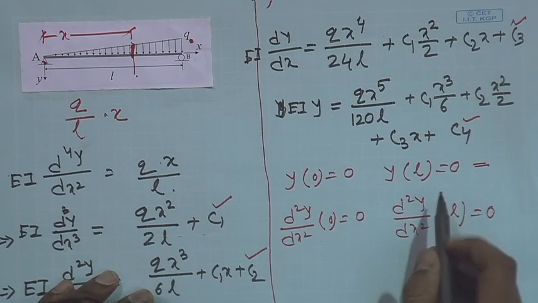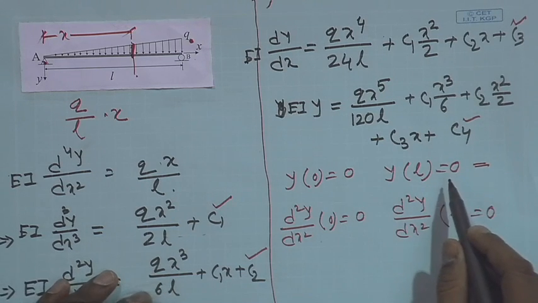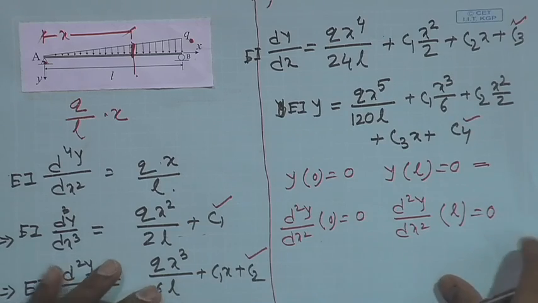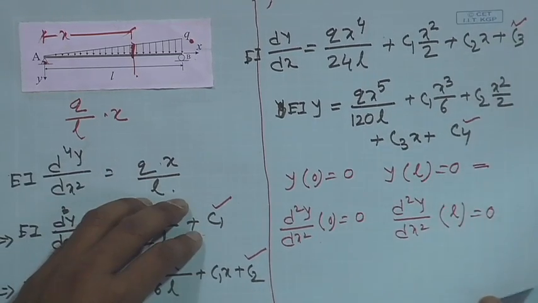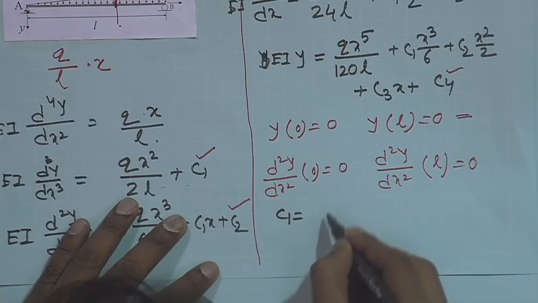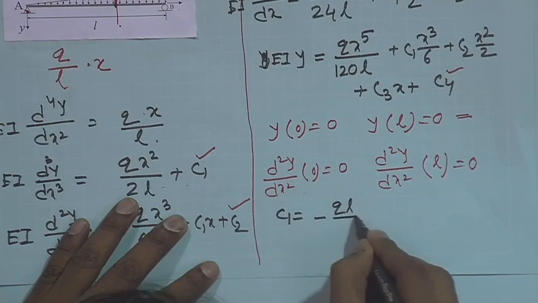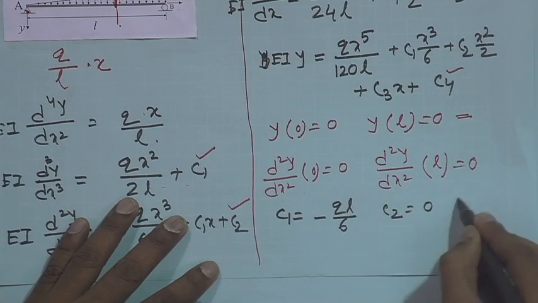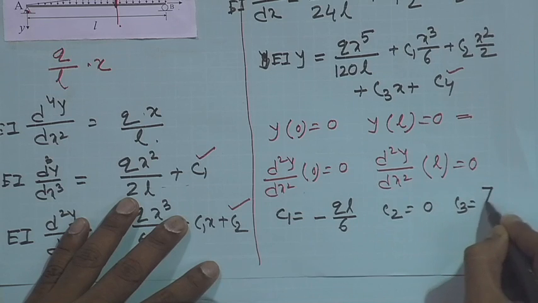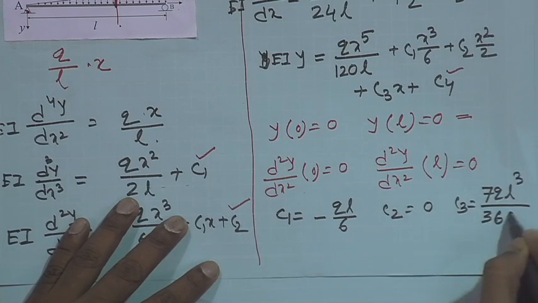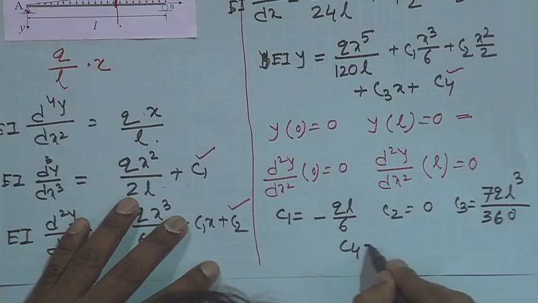Now, if you use these 4 boundary conditions and compute the 4 constants C1, C2, C3, C4, the final values will be C1 = -QL by 6, C2 = 0, C3 = 7QL cube by 360 and C4 = 0.